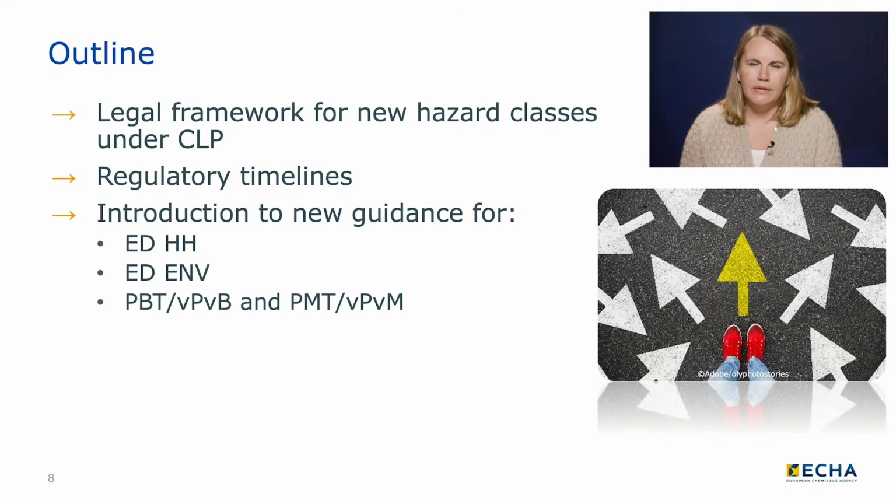The outline for this presentation is the legal framework for the new hazard classes under CLP, the regulatory timelines for these hazard classes, and an introduction to the new guidance for the new hazard classes, which are endocrine disruptors for human health, endocrine disruptors for the environment, and then substances with persistent, bioaccumulative and toxic properties, or very persistent, very bioaccumulative properties, and persistent, mobile and toxic properties, or very persistent, very mobile properties.